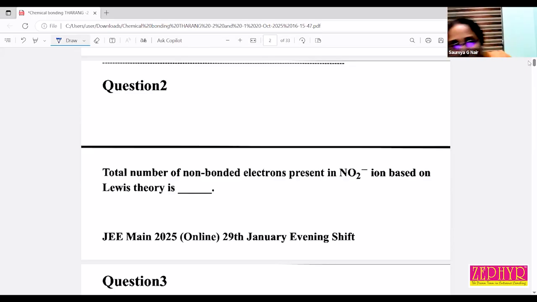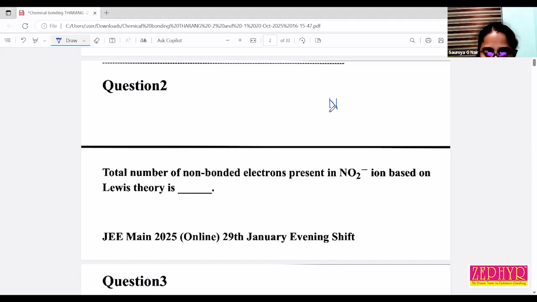Question number 2. Total number of non-bonded electrons present in NO2 minus ion based on Lewis theory. What is the structure of NO2 minus?